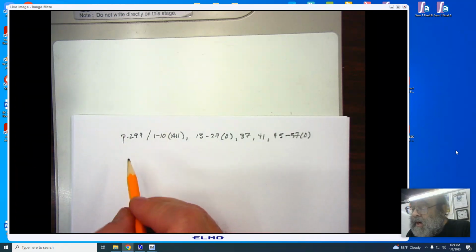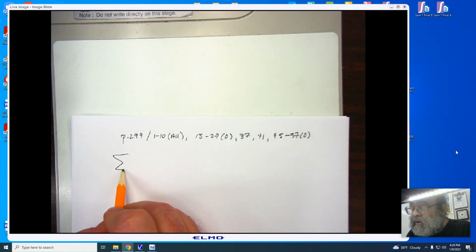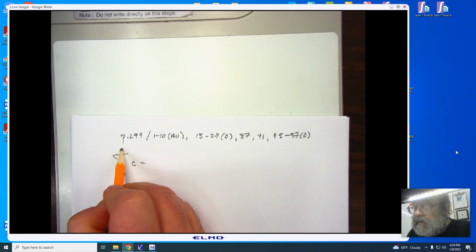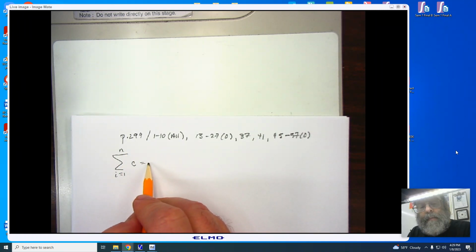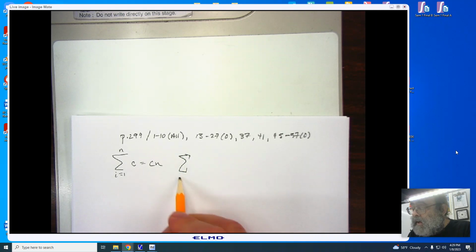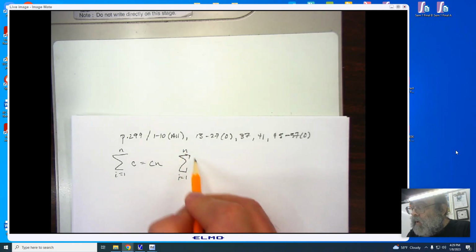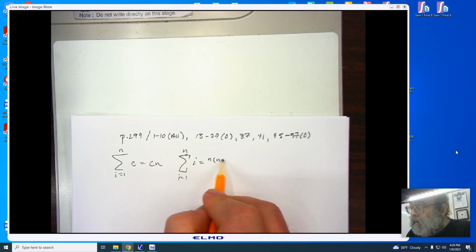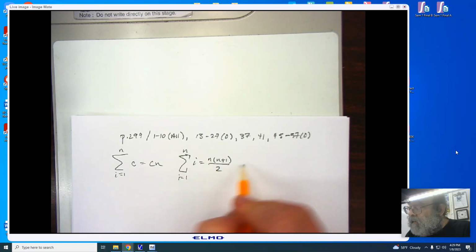Now, I recommend that you take a moment and write down all of your special formulas that we've been given. You'll find these on page 291. And you'll notice that these are the formulas that I've given you in class and that we have already worked with. Hopefully this is going to make perfect sense.